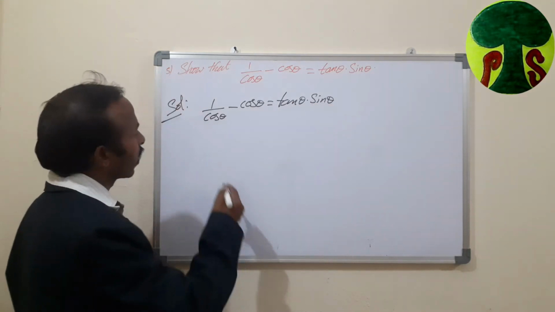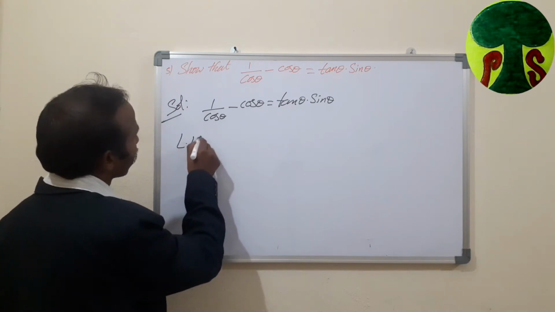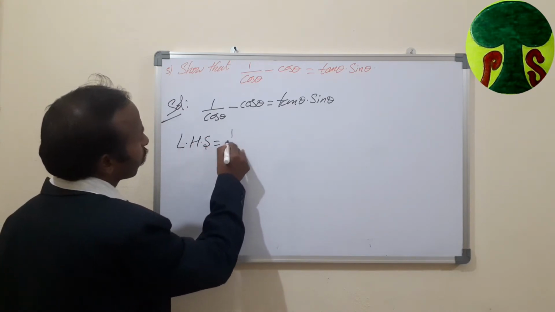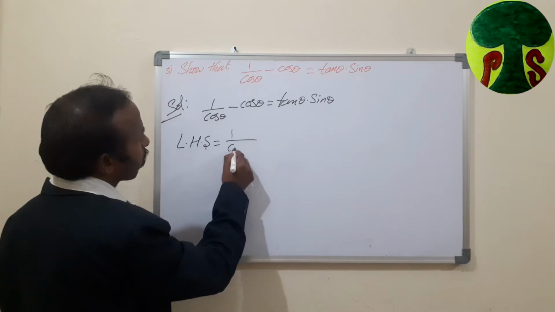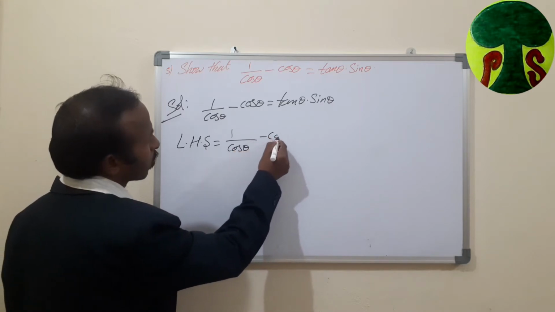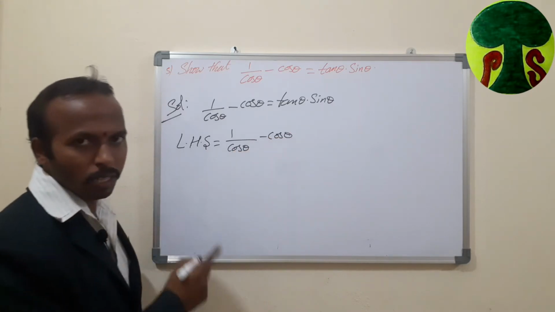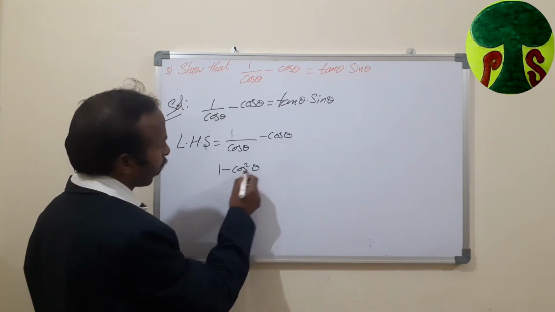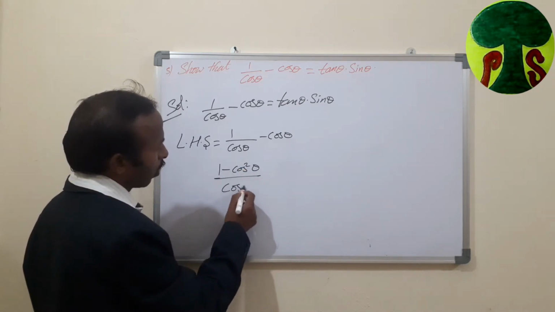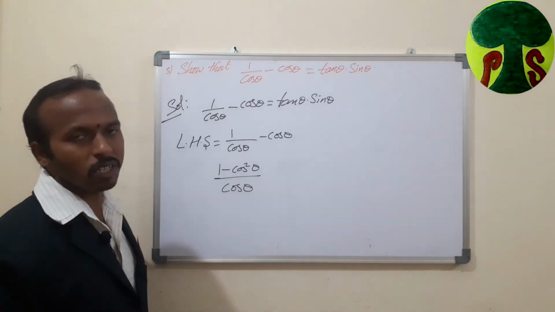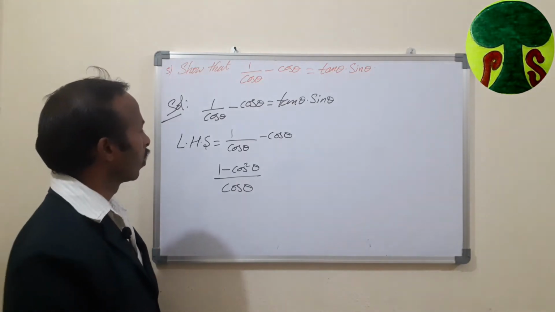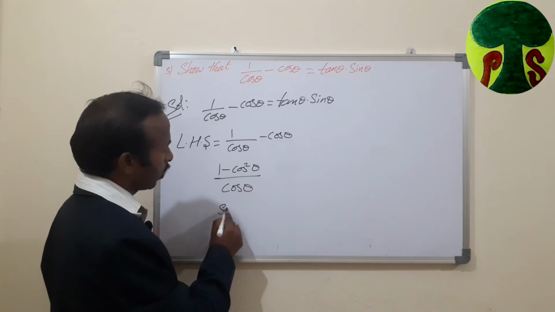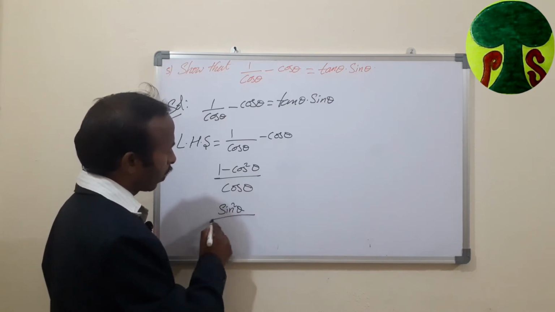Let us consider LHS equal to 1 by cos theta minus cos theta. Now apply the LCM: (1 minus cos square theta) by cos theta. 1 minus cos square theta is nothing but sin square theta by applying the identities.